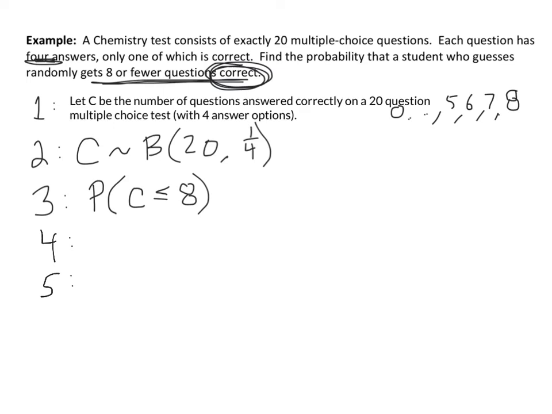If I did Binomial PDF and put in 20 trials, an individual success of 1/4, and 8 for the number of successes I want, wouldn't that find me the probability of getting exactly 8 correct? I guess we could find the probability of 8 correct and 7 correct and 6 and 5 and 4 and 3 and 2 and 1 and 0 and add them all up, but that's a ton of work. That's not what we want to do.